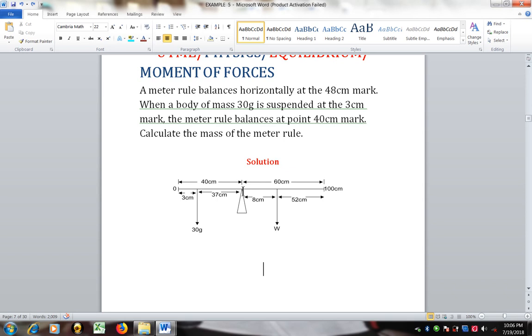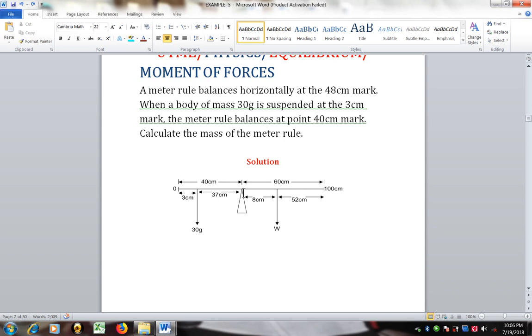Then the next effort is to determine the distance between the fulcrum and the weight of the meter rule, which acts at the 48 centimeter mark. From 0 to this place is 48 centimeter, and from 0 to the fulcrum is 40 centimeter. So take 40 away from 48, and we are left with 8 centimeter.